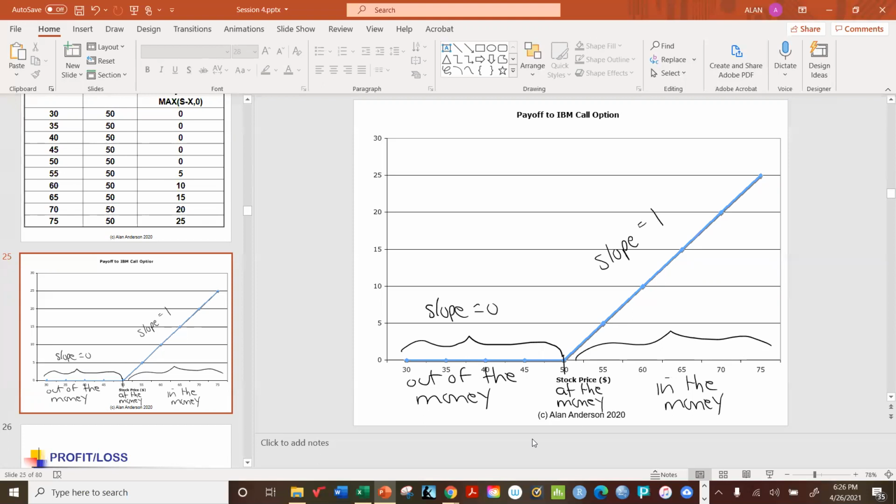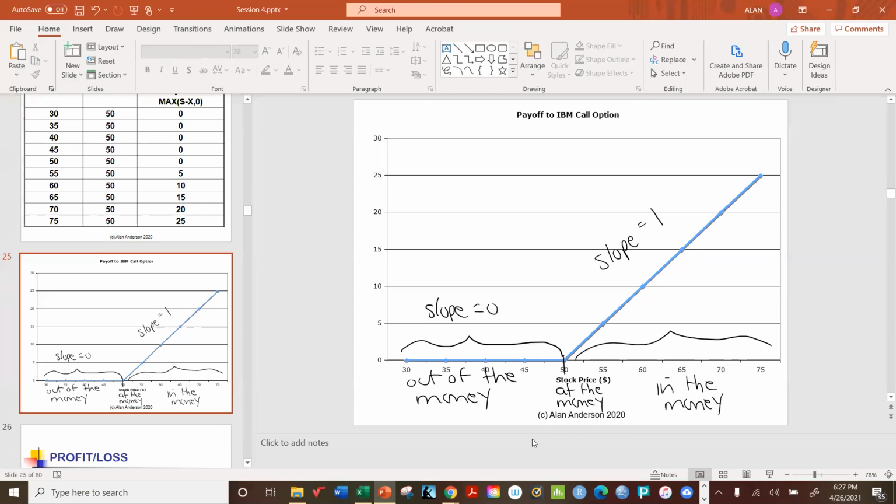And on the upside, you notice this can go up forever. There's absolutely no upside limit to how much this payoff can be. But on the downside, the payoff can't go below 0. So that's one of the big attractions of options. All this upside potential combined with a limit to how much we could lose on the downside. That's very attractive to a lot of investors.